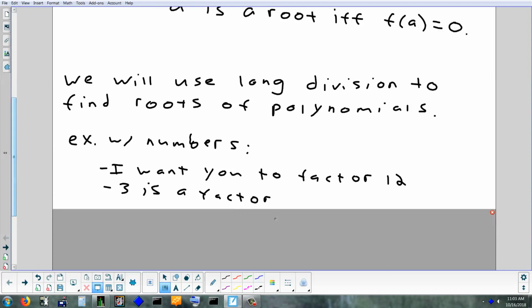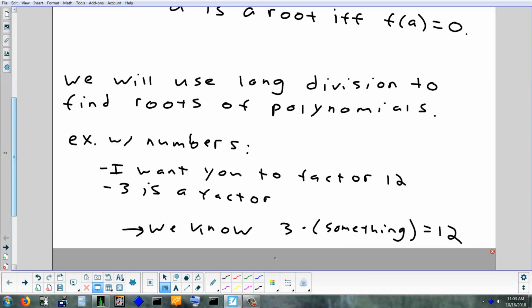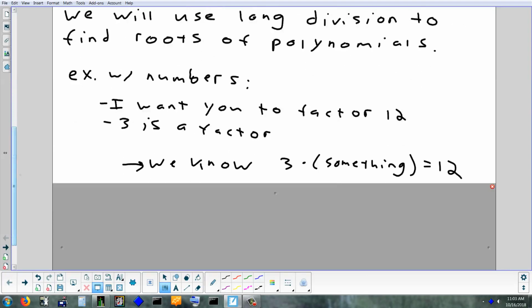But if it was something more complicated, like a polynomial, you might not be able to just figure out the other factor in your head. That's where what I'm about to show you comes in. If 3 is a factor, that means 3 times something gives you 12. How would you get the something? We know it's 4, but what could you do on both sides? Yeah, divide by 3.